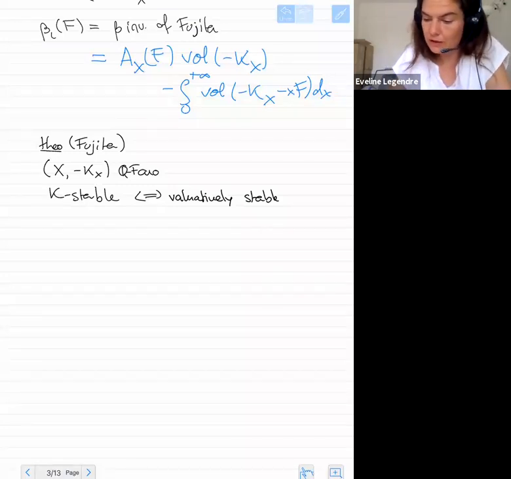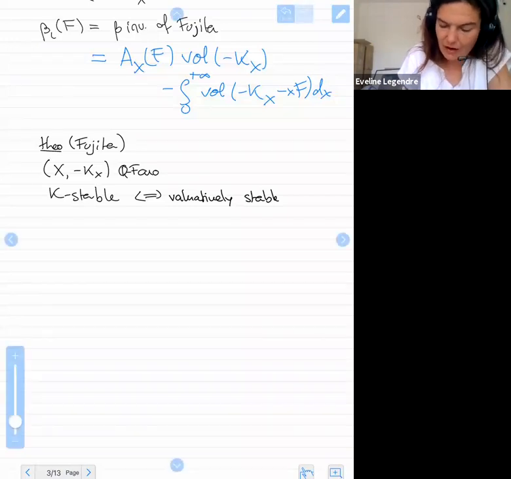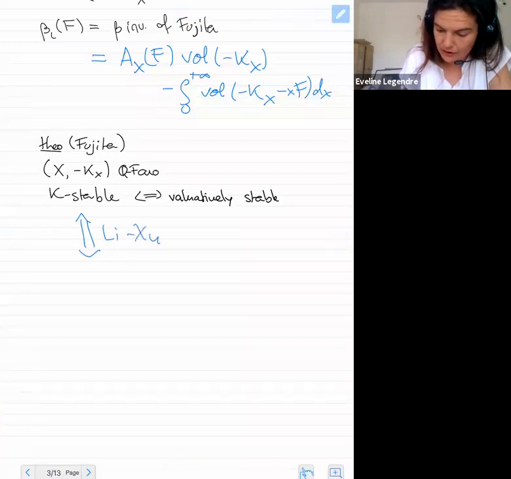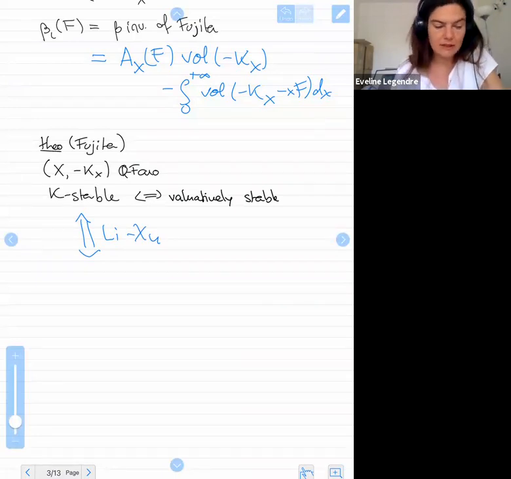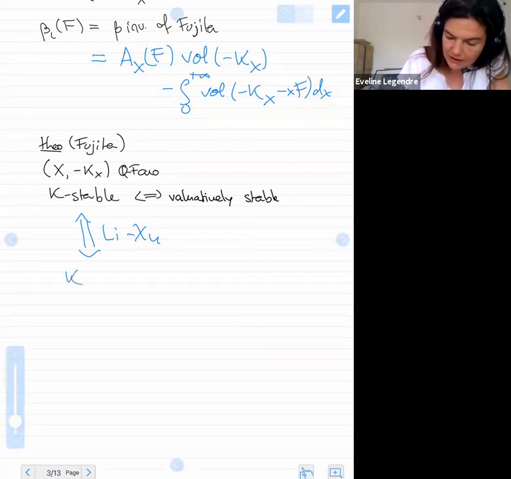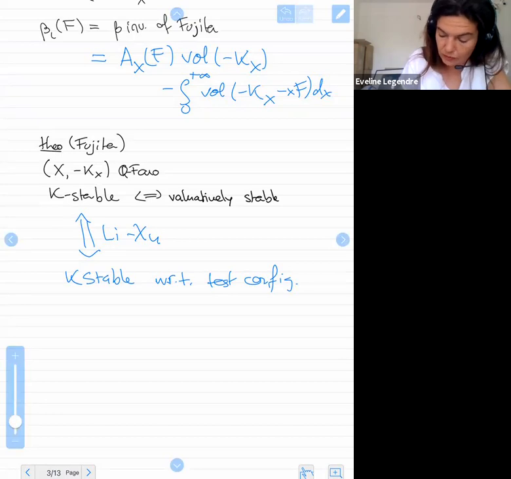There is another result that I think is important to mention now. This is a very big, useful and important result due to Li and Xu, where they prove that Q-Fano varieties are K-stable if and only if they are K-stable with respect to special test configurations.